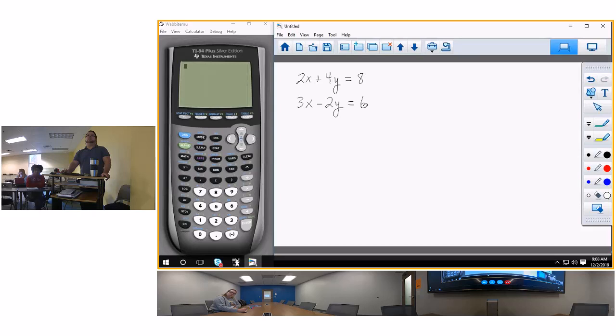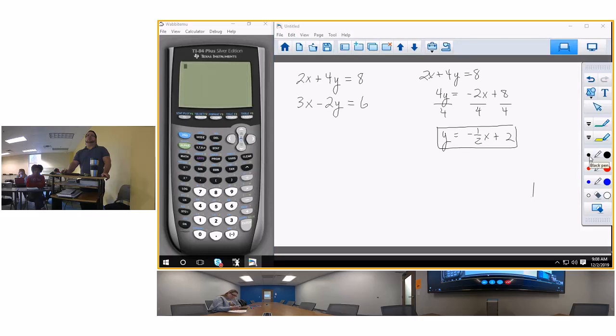So 2x plus 4y is equal to 8. 4y is equal to negative 2x plus 8. Divide by 4. Y is equal to negative 1/2 x plus 2. So that's one that you'll put in your graphing calculator.